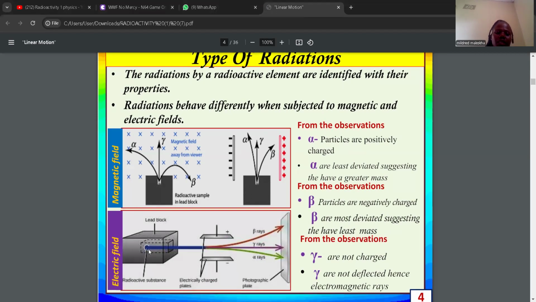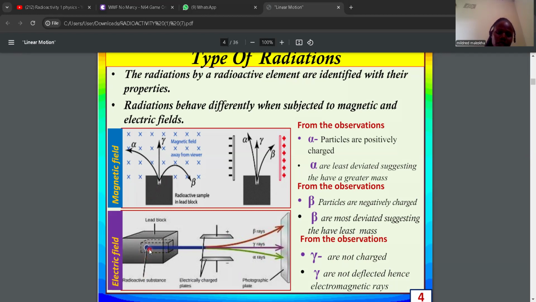So basically, I want us to look at the two diagrams that I've given to you. There is a diagram on the electric field, and there is a diagram on the magnetic field. I want to explain something on the electric field.